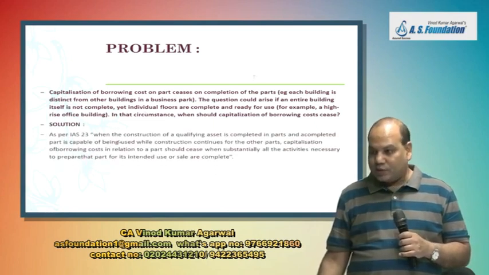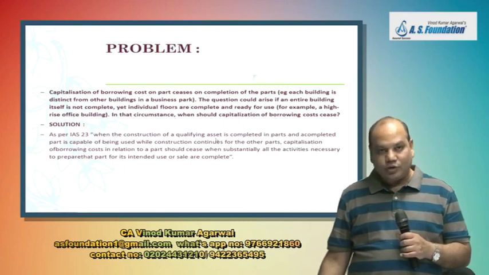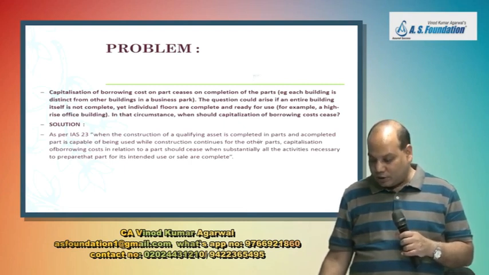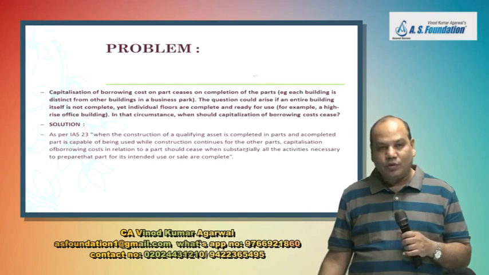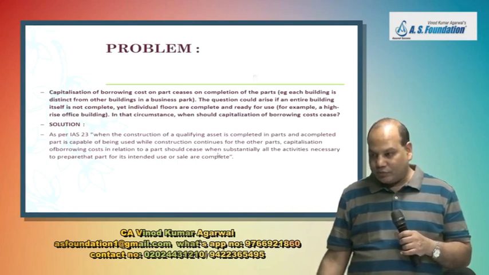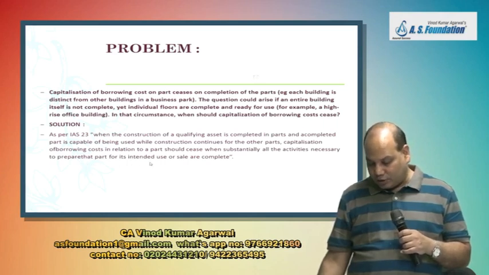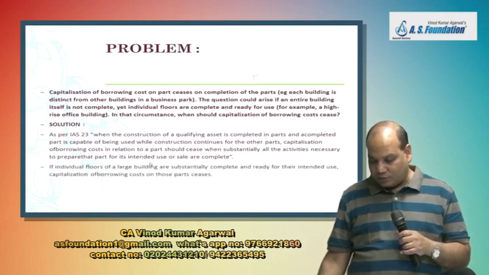As per IAS 23, when the construction of a qualifying asset is completed in parts and the completed part is capable of being used while construction continues for other parts, capitalization of borrowing cost in relation to that part should cease when substantially all the activity necessary to prepare that part for its intended use or sale is complete.